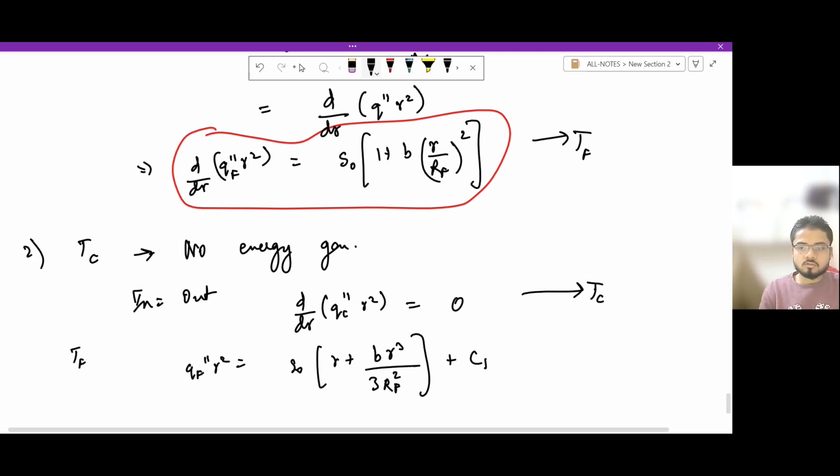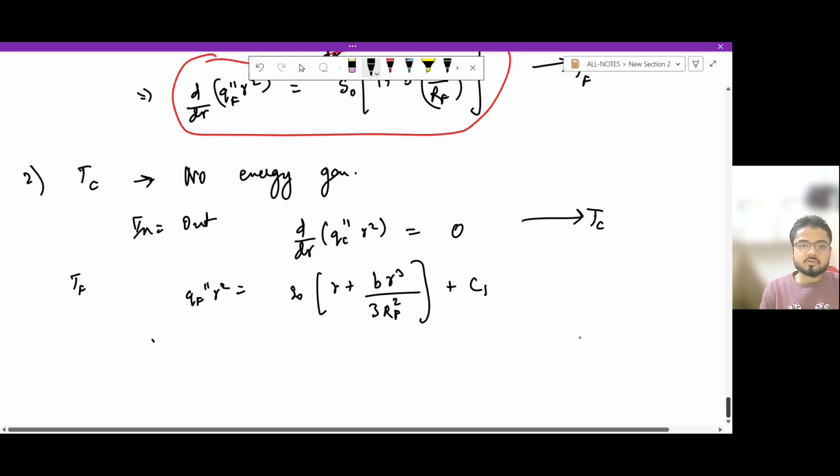And this can further be written as q F double prime would be equal to S naught times 1 over r plus b r over 3 r F squared, plus C1 over r squared.